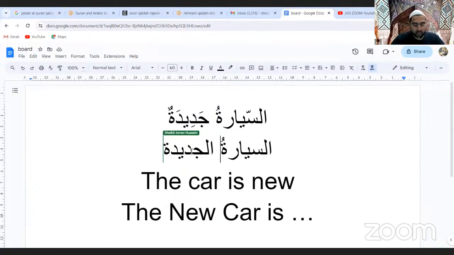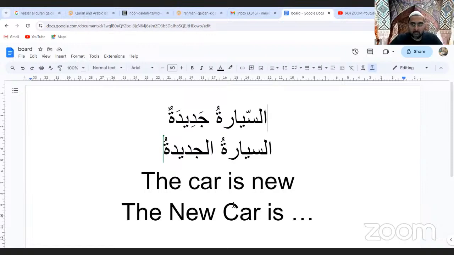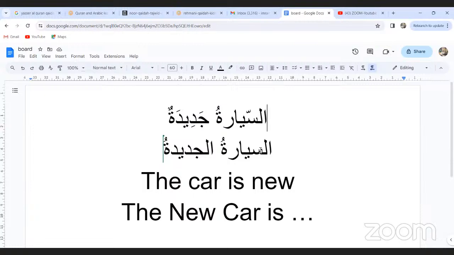Can you see this on the screen now? As-sayyaratu al-jadidatu. This is a translation of the new car. Can you see the harakat? The adjective always follows the previous word, the mawsuf.